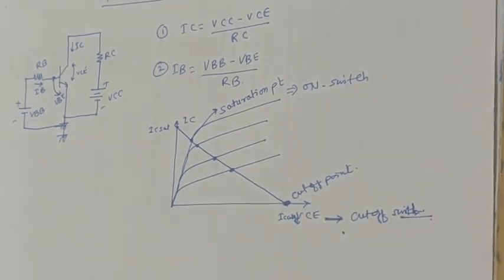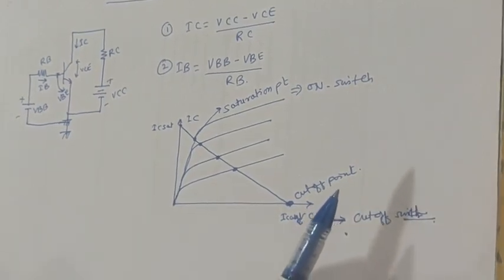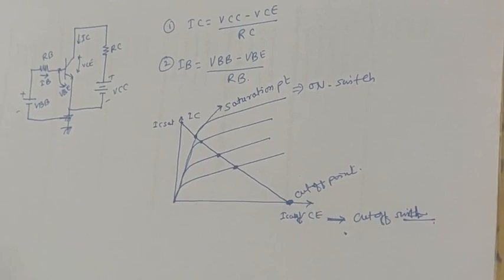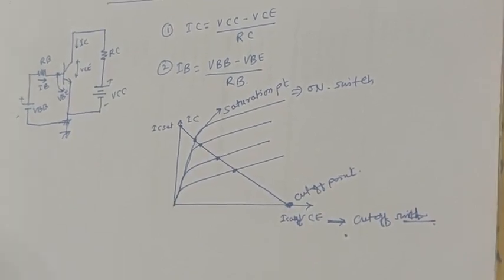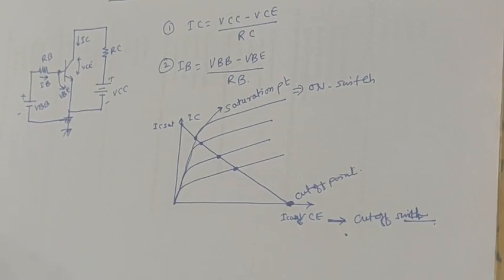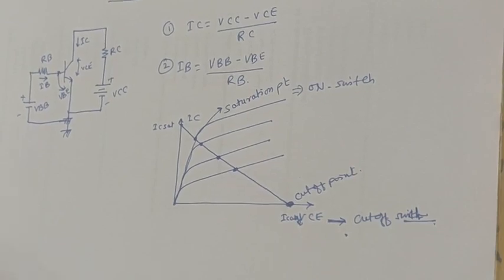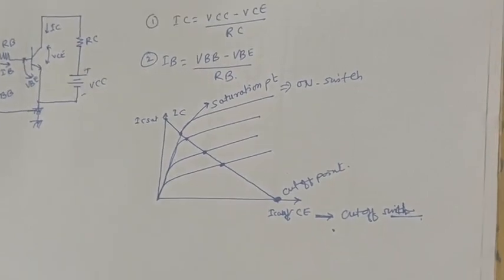Now the important thing is, what are the transistor switching times? Because transistor switching times is a very important concept. That is what we need to calculate. So let us have it first, because it is very important as far as the examination is concerned.